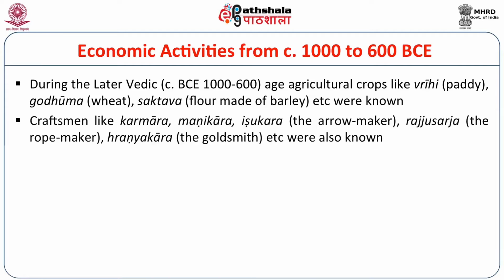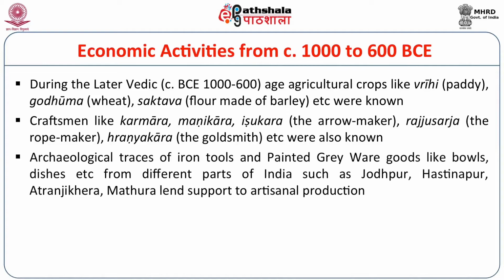Craftsmen like Karmara, Manikara, Ishukara, that is arrow maker, Rajjusarja, the rope maker, and Hiranyakara, that is goldsmith, etc. were also known. Archaeological traces of iron tools and painted greyware, that is greyware which had painted designs on those objects, goods like bowls, dishes, etc. from different parts of India such as Jodhpur, Hastinapur, Atranjikhera, Mathura lent support to artisanal production.